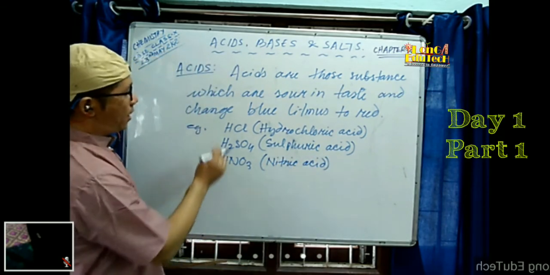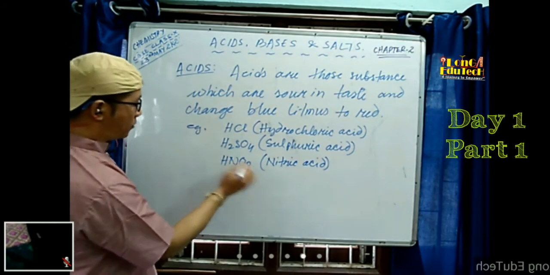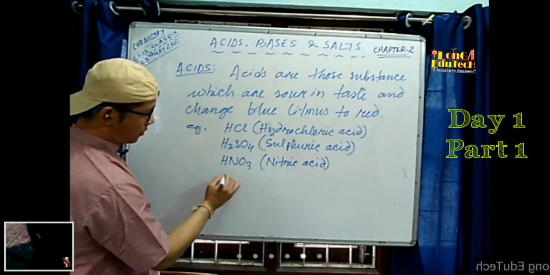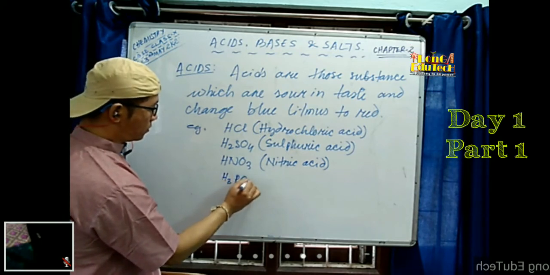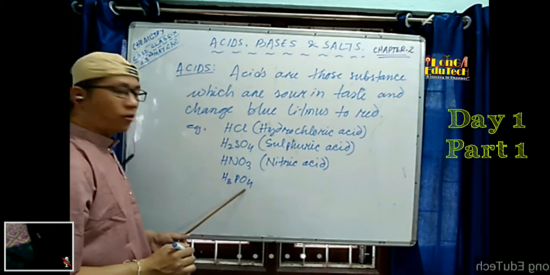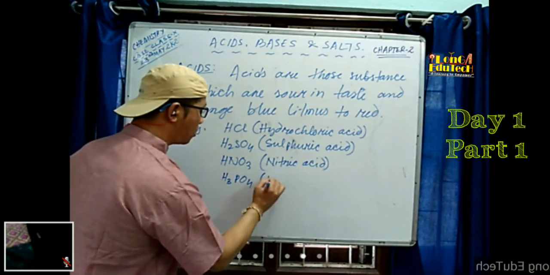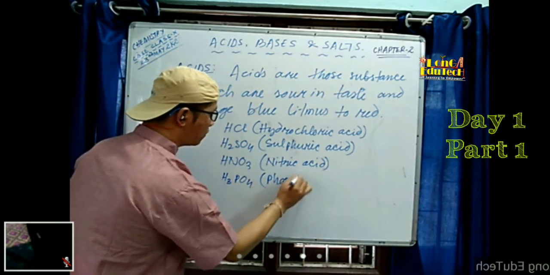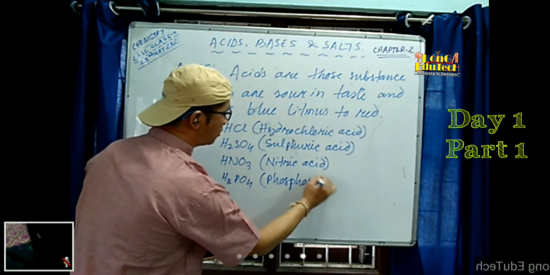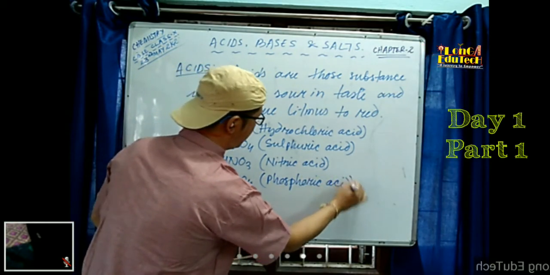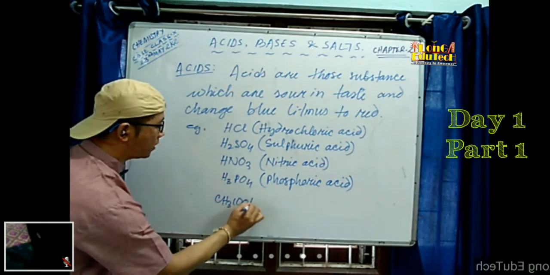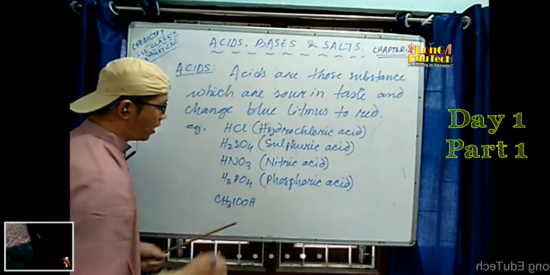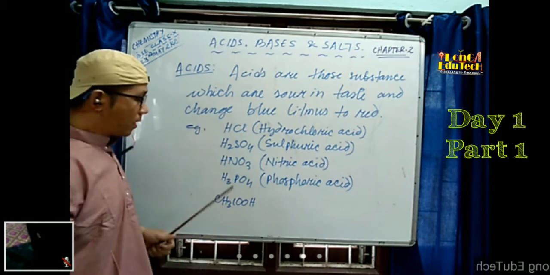Nitric acid, and this is the phosphoric acid, H3PO4. Also we can write CH3COOH. This is the edible, weak acid.